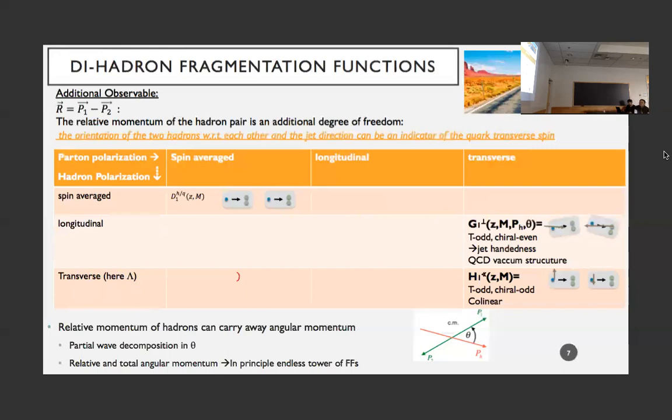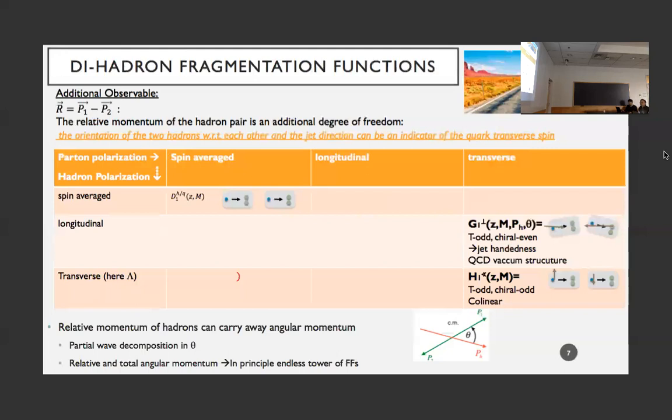So it has to be in the middle column then. Yeah, the middle one. Sorry about this.